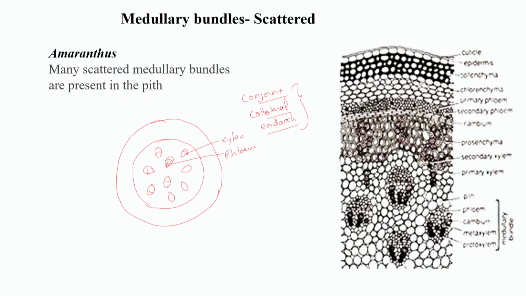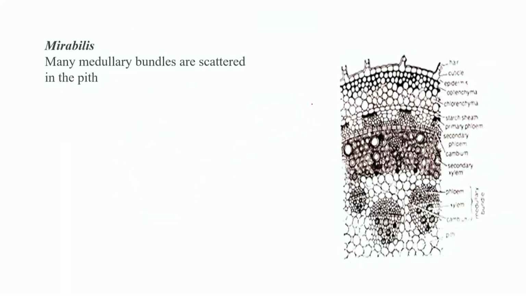Now just try to recall what all these terms mean. Even in Mirabilis, you can see a lot of vascular bundles in the center. Generally some bigger vascular bundles are found in the center, and those on the periphery are smaller, with the same conjoint, collateral and endarch condition.